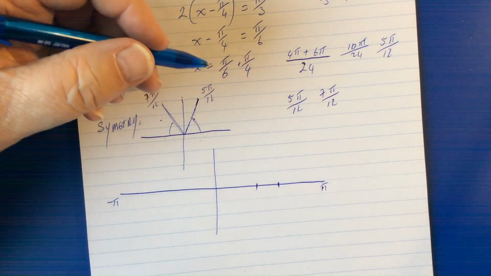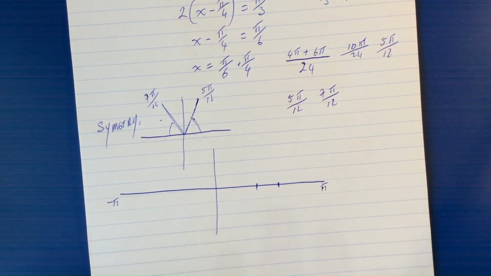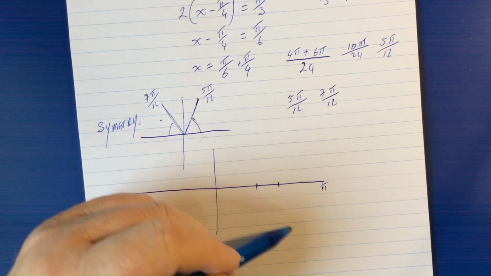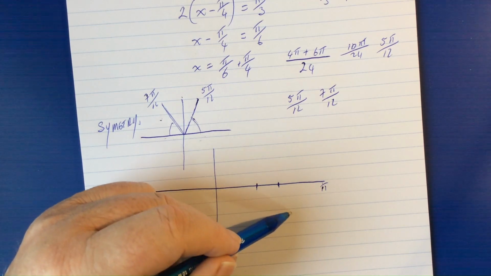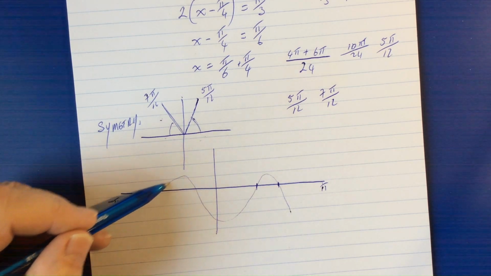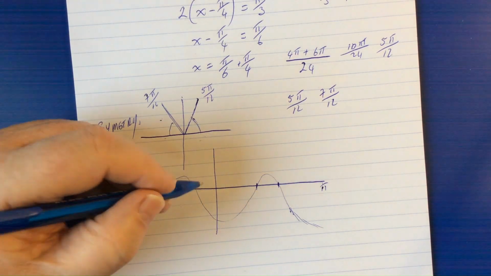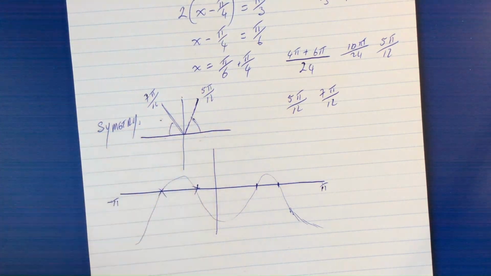And let's just assume that this thing is a normal sine graph. There's no indication that it's not, that there's anything strange about it. So basically what it's likely to do is something like that. Just excuse my drawing. We're going to have some solutions over here.